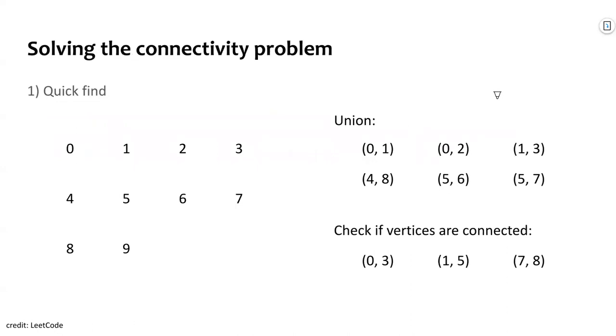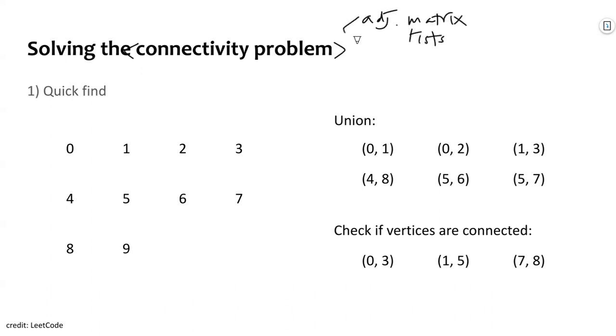So this disjoint set is to solve the connectivity problem. When it comes to graphs, I told you that we could use an adjacency matrix or adjacency lists.